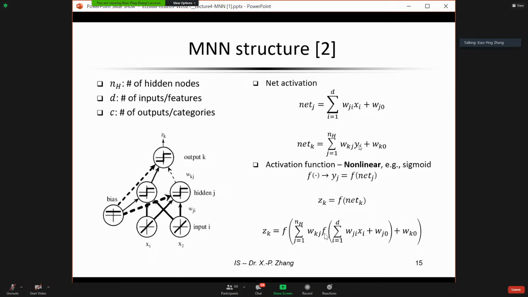If you remove this f and multiply this in, it's actually still a linear function, right? Think about it. Now what happened? You can just multiply this in. This is still a linear function. It becomes a single linear function, right? If you multiply it in.